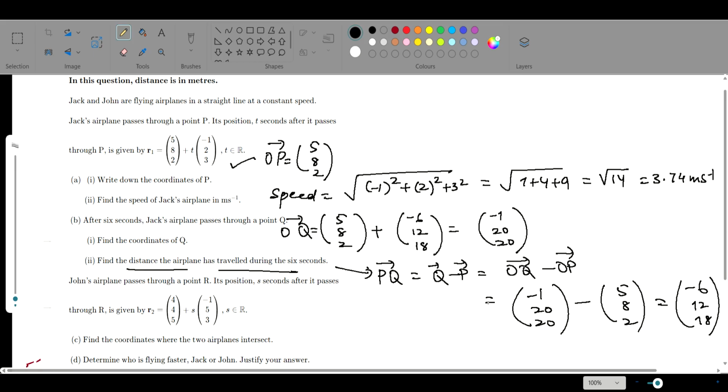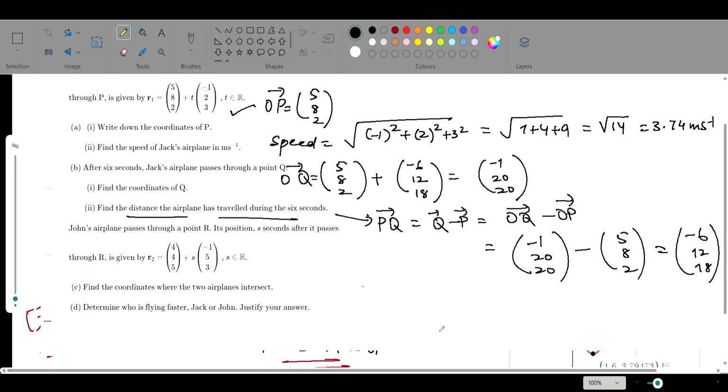This is the vector that we are getting for the displacement, and to get the distance, I will find the magnitude of PQ. That is minus 6 squared plus 12 squared plus 18 squared.